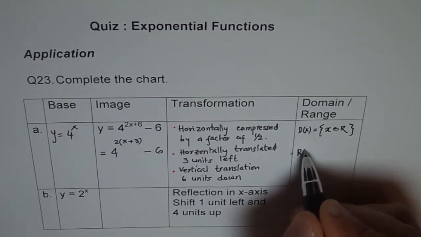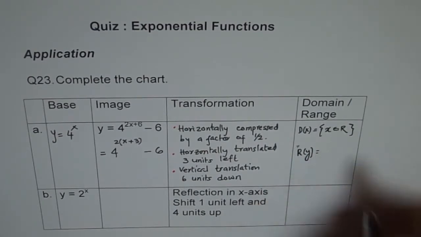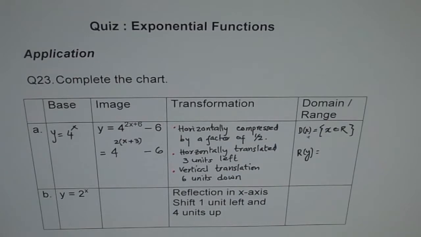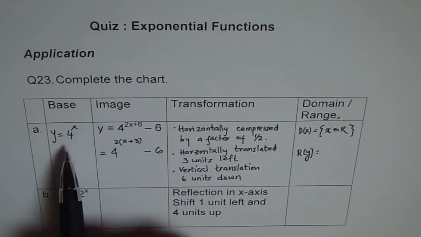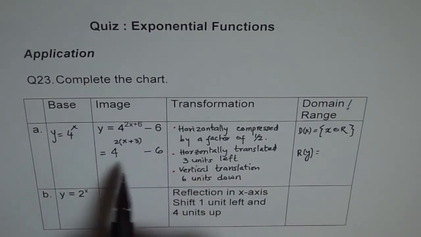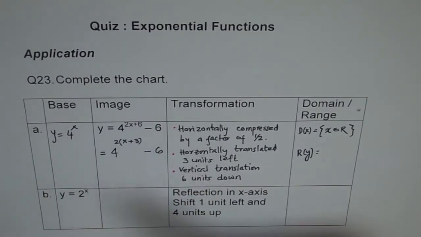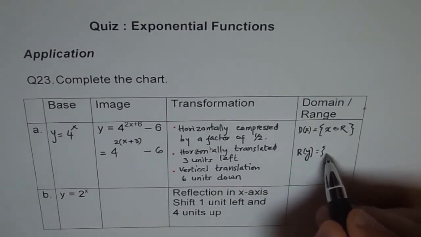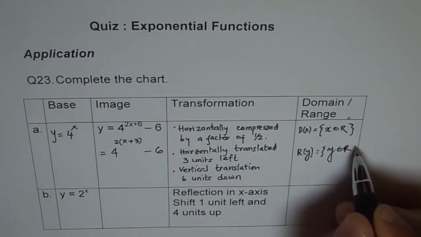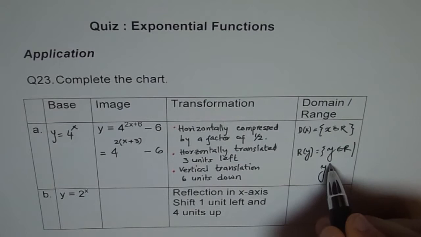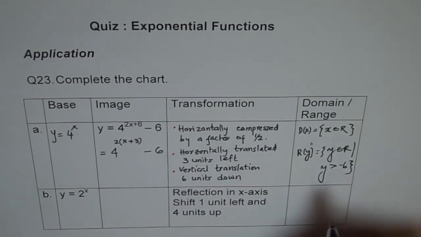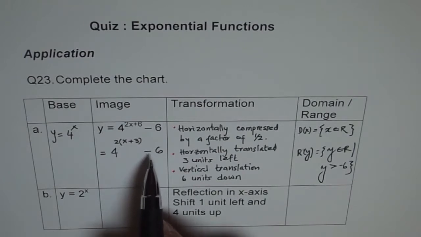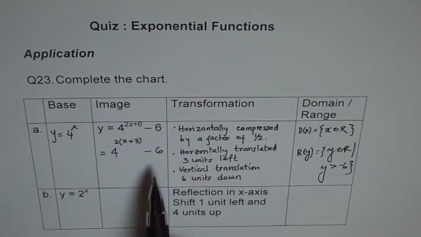As far as the range is concerned, range is restricted because for the base function, it is always positive. It cannot be 0 or less. But here what has happened is that we moved 6 units down. Therefore, the range is y belongs to real numbers where y is greater than minus 6. Do you see that? Because the horizontal asymptote moved 6 units down.